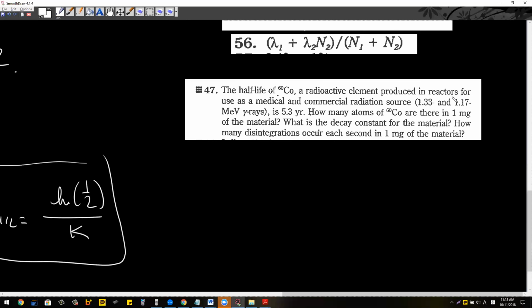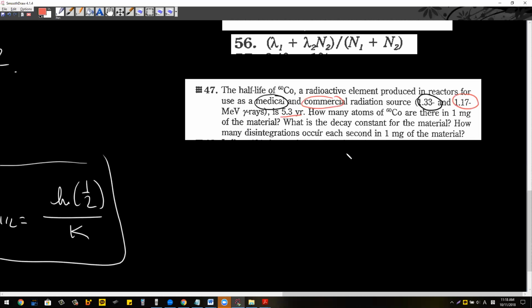I think for medical it's emitting this much radiation, and for commercial it's emitting this much, gamma rays. Anyway, it has a half-life of 5.3 years. How many atoms of Co are there in 1 milligram of the material? And what is the decay constant for the material?